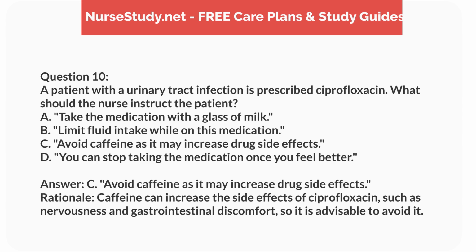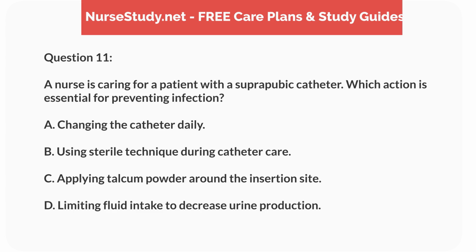Answer: C. Avoid caffeine as it may increase drug side effects. Rationale: caffeine can increase the side effects of ciprofloxacin, such as nervousness and gastrointestinal discomfort, so it is advisable to avoid it.